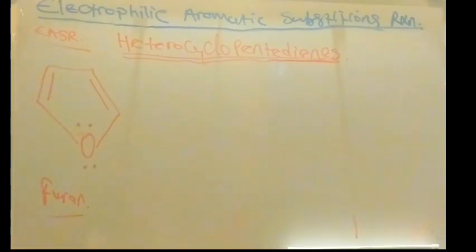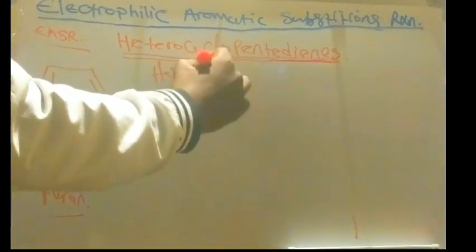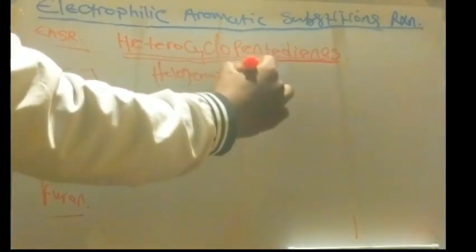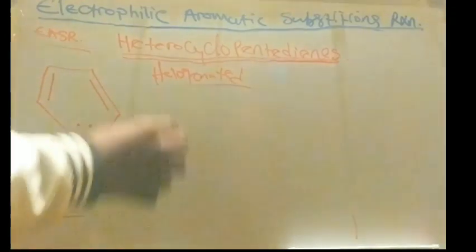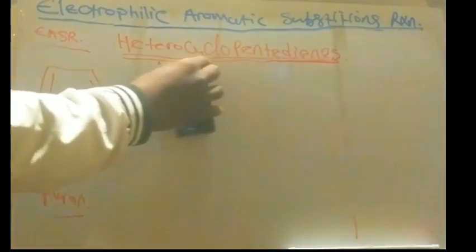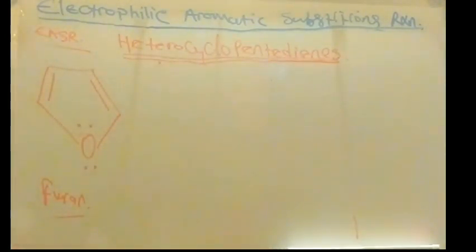So let's try to halogenate this ring. So we'll undergo halogenation of this ring. I'll write a complete equation of halogenation, of which I'll use chlorine as my halogen. Okay, we want to see the properties of the reactions of these heterocyclopentadienes.